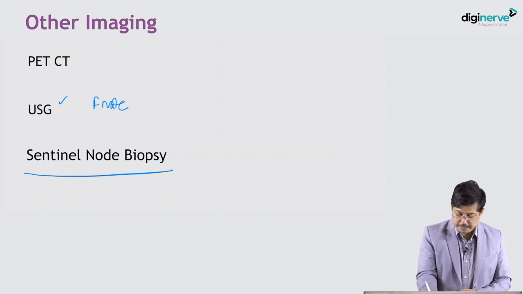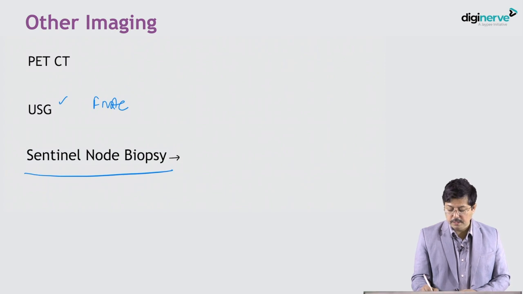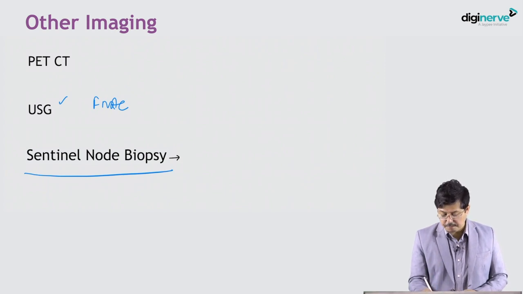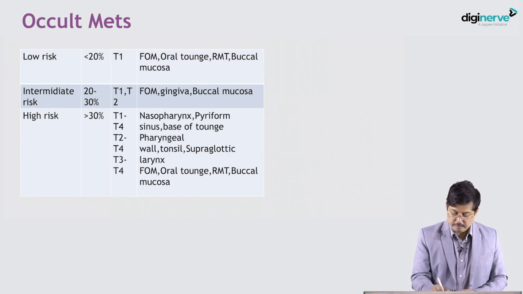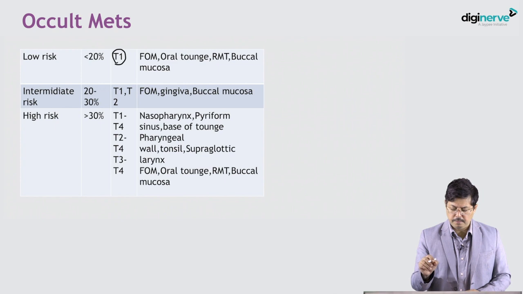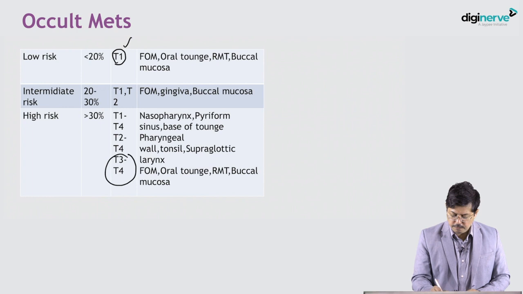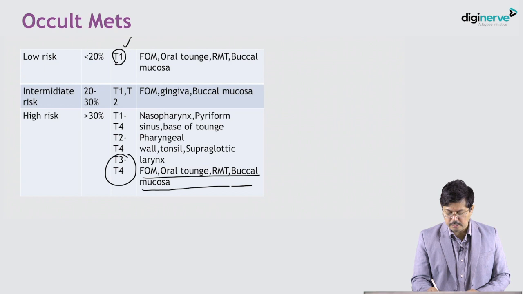Sentinel lymph node biopsies have come in a big way and we'd like to spend a minute on that, particularly in an N0 neck. This is the reason I made this table for you to understand that some sites will have a very low chance of nodal spread when there is a primary tumor, like the floor of the mouth. If it is a T1, fine, but the minute it goes to a T3 and T4, remember that the thing changes, and it becomes a potential for metastatic spread.